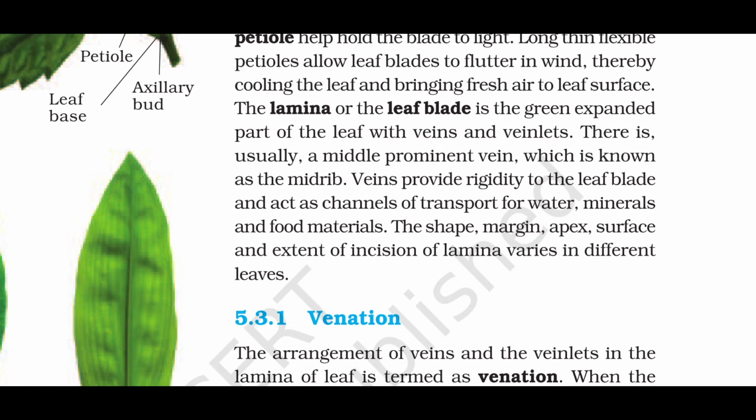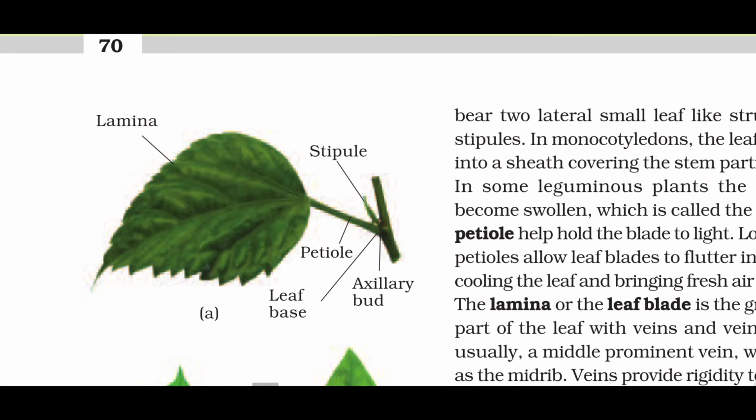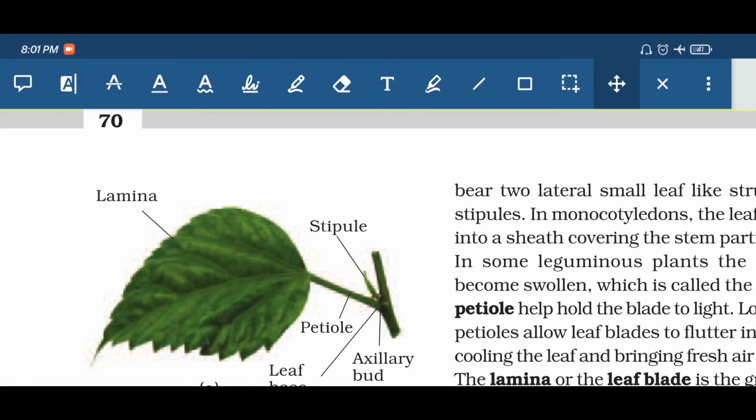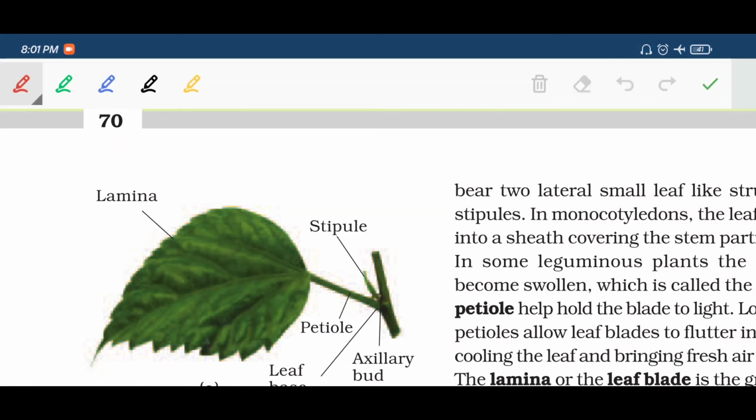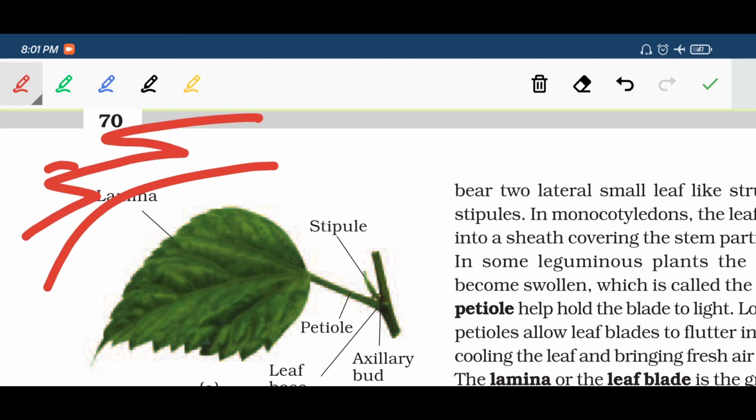In the last line they are talking about the shape, margin, apex, surface, and extent of incisions. Incisions are like this: this is not a clear leaf margin, it has some cuts like this, and these parts are called incisions.